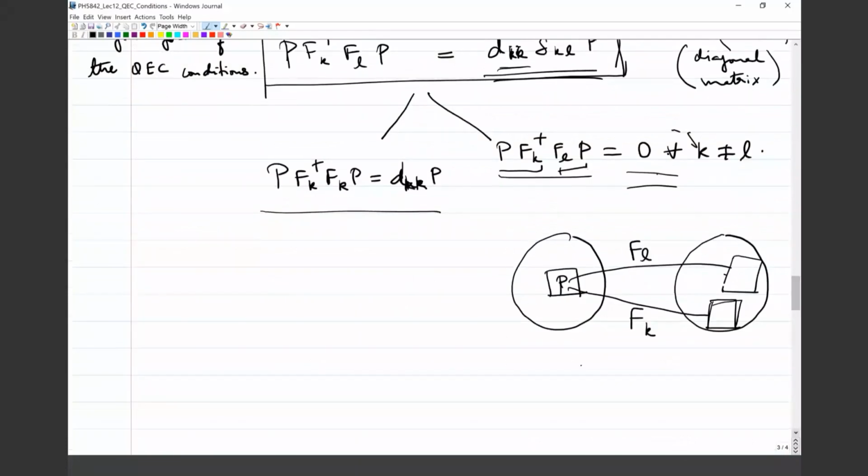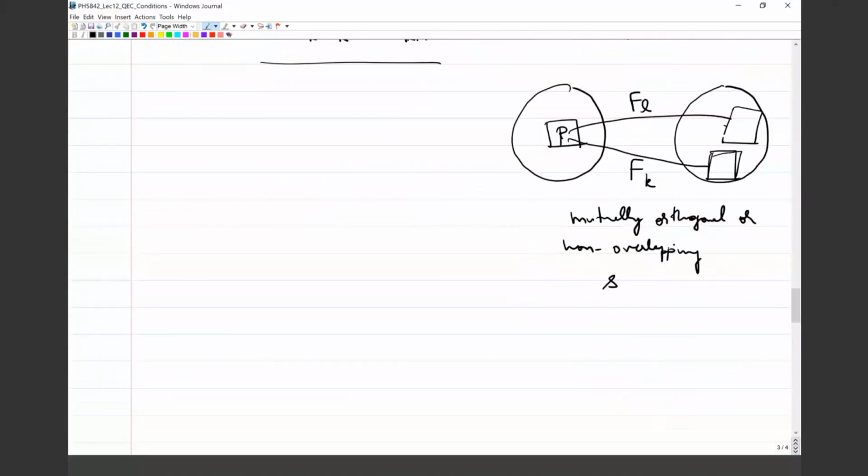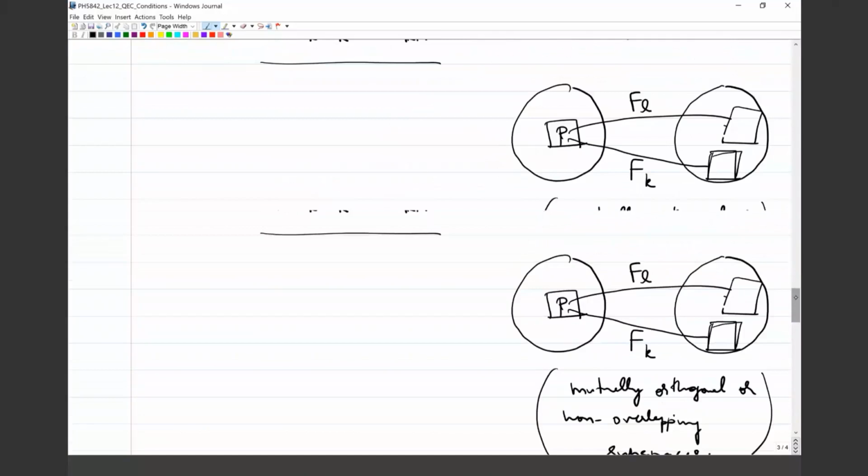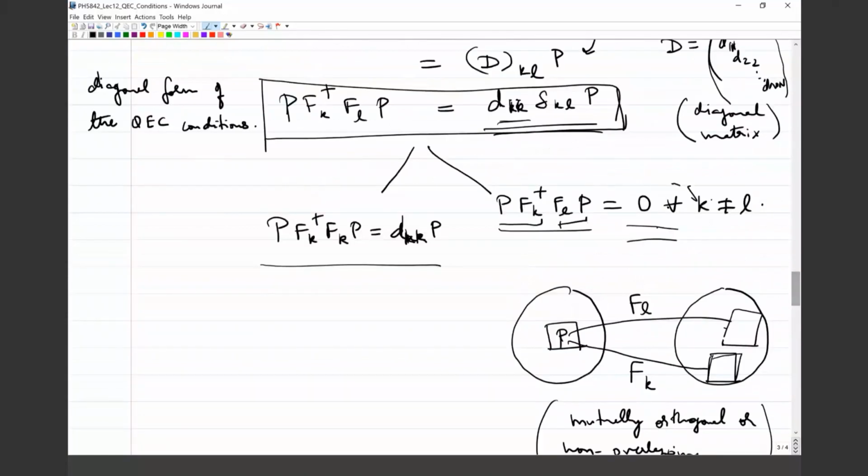So this is indicative of mutually orthogonal or non-overlapping subspaces. So F_k and F_l are mapping the code space to non-overlapping subspaces. That is what this condition is saying. When k is not equal to l, any two different error operators do not have any overlapping support when they act on the code space.